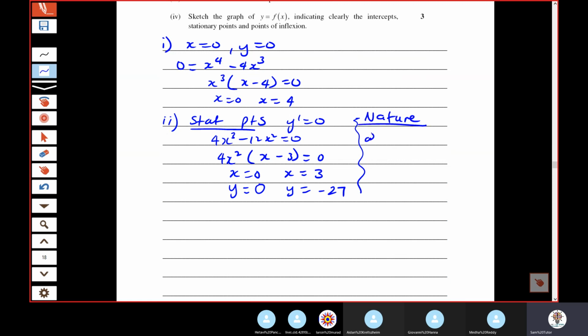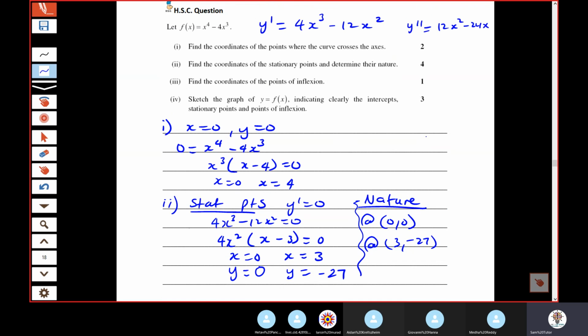Nature, we write at (0, 0) and at (3, negative 27). At (0, 0), what does y double dash equal to? Well, we know it's up here, 12x squared, blah, blah, blah. So just sub it in. What is it going to become when you sub in 0 into this? 0.